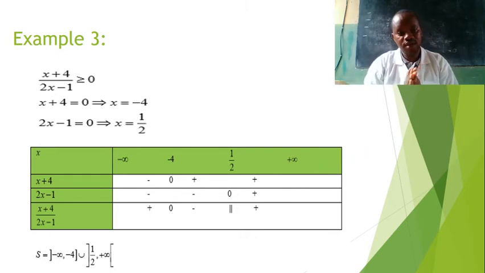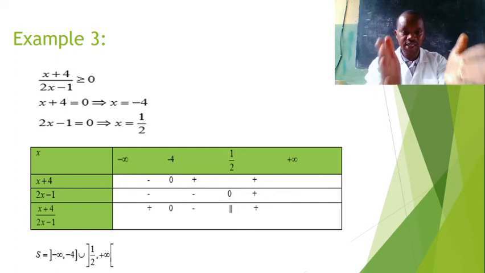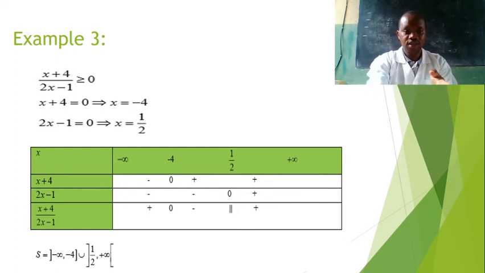For 2x minus 1, we will do the same, and from minus infinity up to 1 over 2, if we, for example, take 0, we'll have negative, and from 1 over 2 up to positive infinity, if we take, for example, 3 or 2 or 1, if we replace, we will have positive.